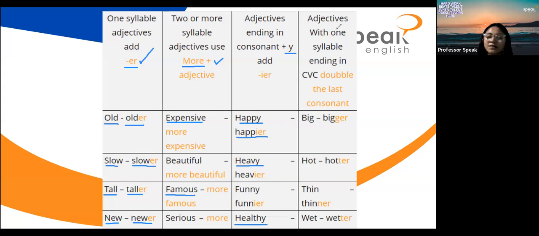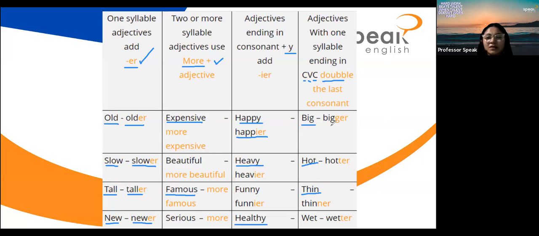For adjectives with one syllable, we're going to double the last consonant. So if we have a consonant plus a vowel plus a consonant like big, hot, thin, we're going to double the last consonant.